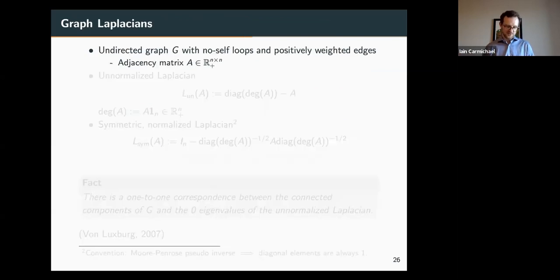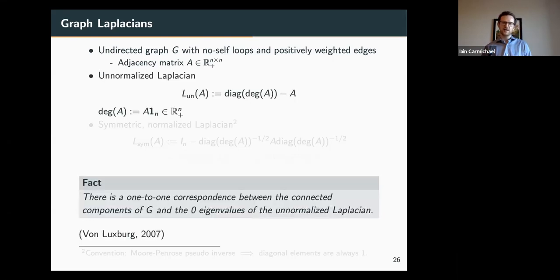Okay, so now we're in the world of networks. I just need to make a couple of network definitions. So let's say we have some undirected graph G, no self loops, with positively weighted edges, and it has some adjacency matrix A, which is symmetric and has zeros on the diagonal. The unnormalized Laplacian is given by this formula.